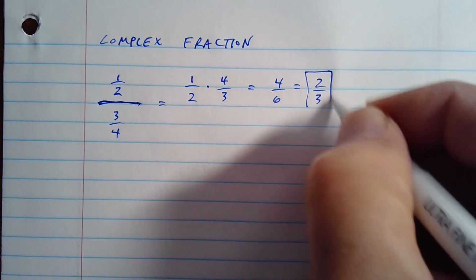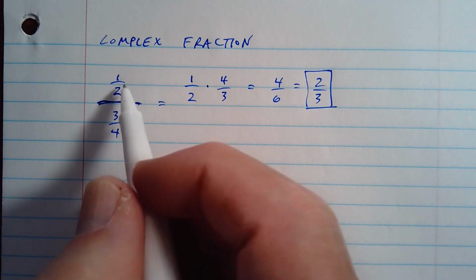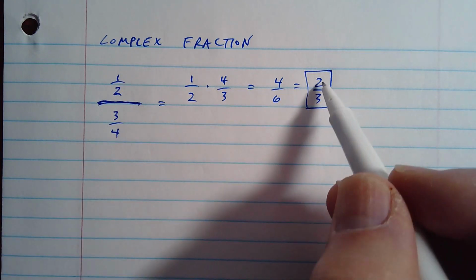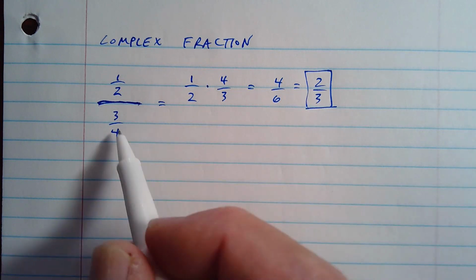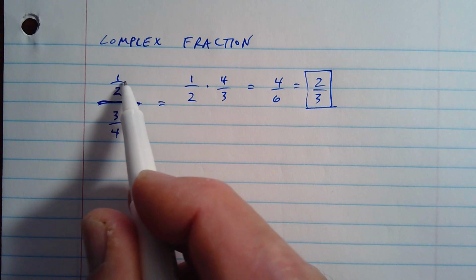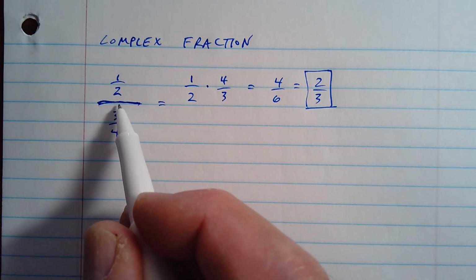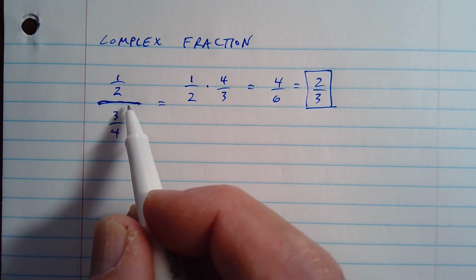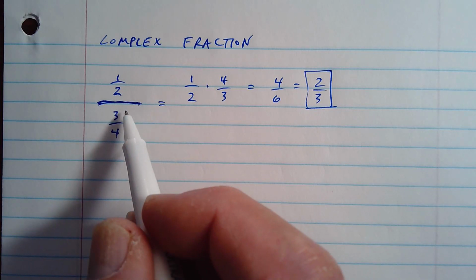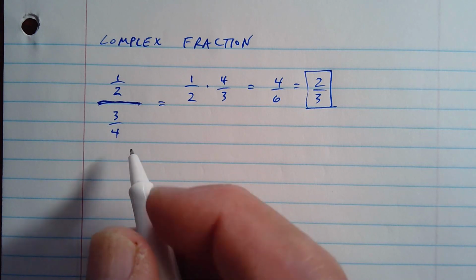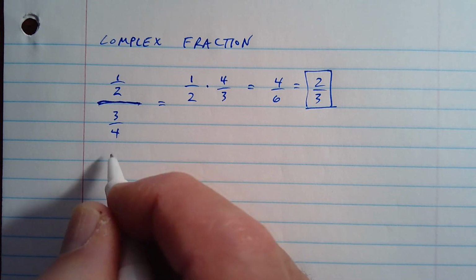That is a simplified fraction. So when you're thinking 1/2 divided by 3/4, you actually can simplify that to 2/3. You can do this on your graphing calculator. If you just type in 1 divided by 2 and then divided by 3 divided by 4, then it'll give you a decimal answer, and you can go to that math key and hit fraction, and it'll get it down to a regular fraction.